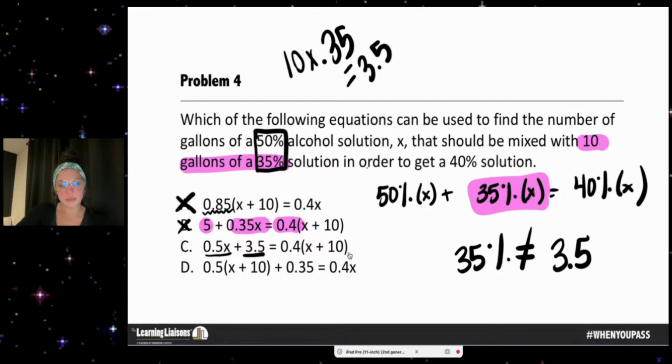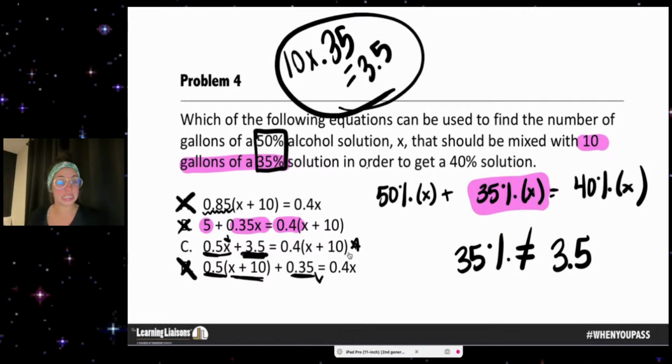So that does make sense. Let's come back to that. And then we have 0.5, 50% times some gallons, plus 35% times no gallons. That doesn't make sense. So we have 50% times some gallons, 35% times some gallons, because that is the solution to that, and 40% times some gallons.